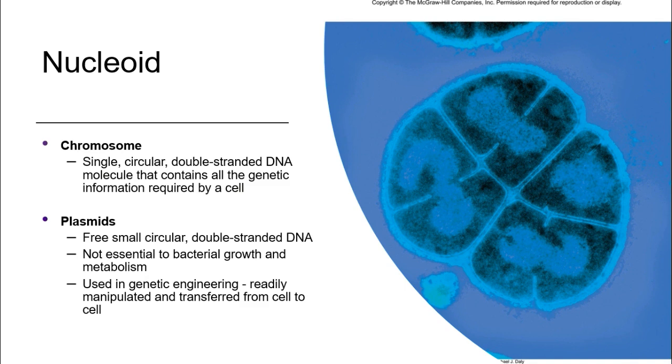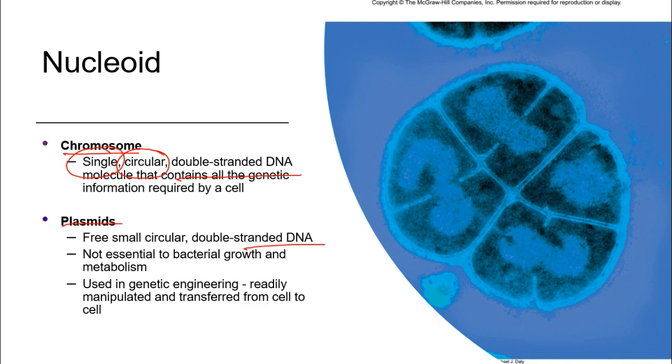Now the last thing, nucleoids like chromosomes, plasmids, and ultimately the bacterial chromosome. The bacterial chromosome is a single, circular, double-stranded DNA molecule that contains all the genetic information required for the bacterial cells to survive. Apart from the bacterial chromosome, bacteria may have plasmids, which are very small, circular, double-stranded DNA capable of self-replication, meaning autonomously replicating themselves.